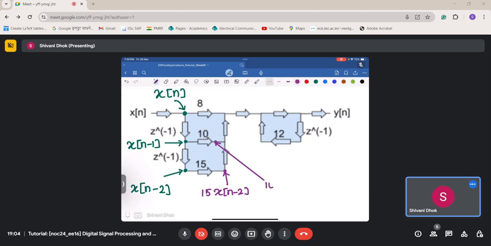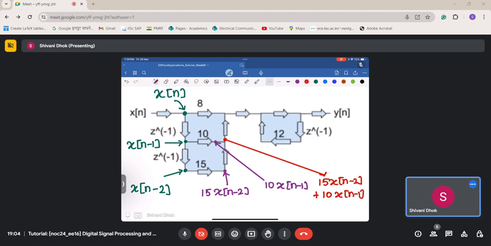So we have 10 into x of n minus 1, which means that after addition I'll have the sum of these two quantities, that is 15 into x of n minus 2 plus 10 into x of n minus 1.